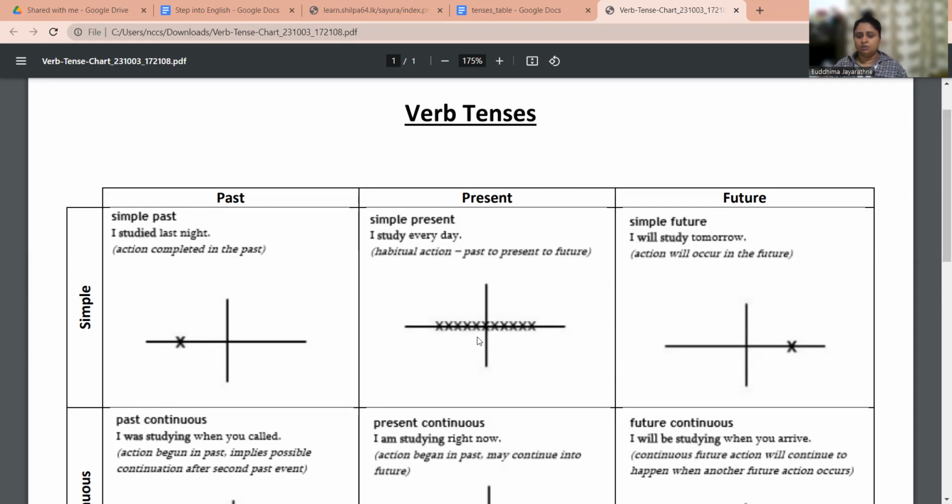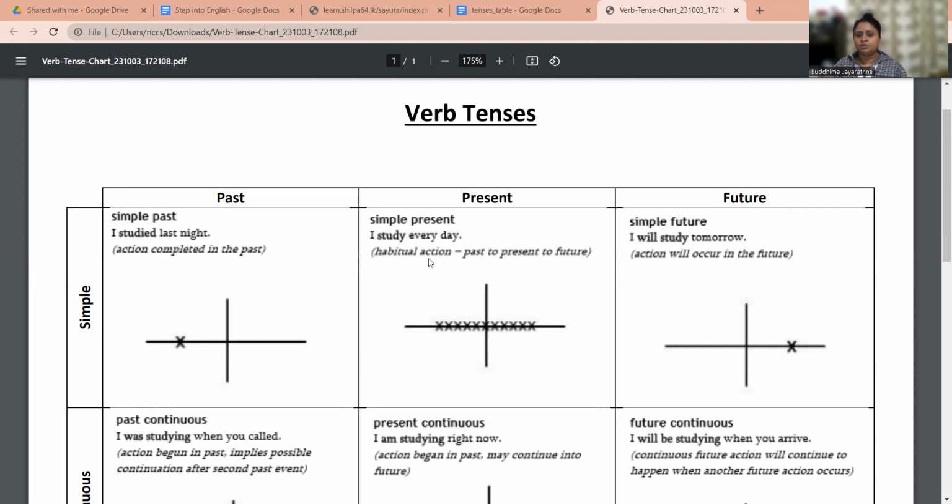It can be now, it can be every day, and it can be at this moment, right? So you can see here, if you take the verb study, and you want to make a simple present tense sentence, such as, I study every day.